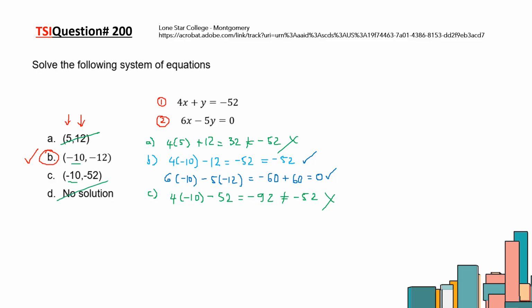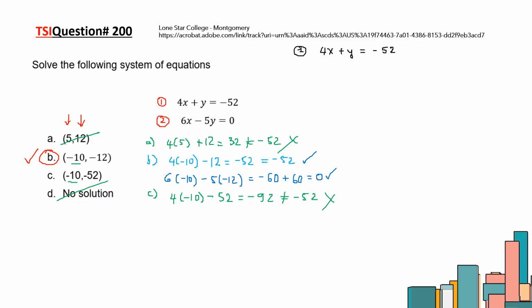Now let's go back to solving it. I will solve for y. For the first equation, I have 4x plus y equals negative 52. I will solve for y, and then I will substitute that into my second equation.